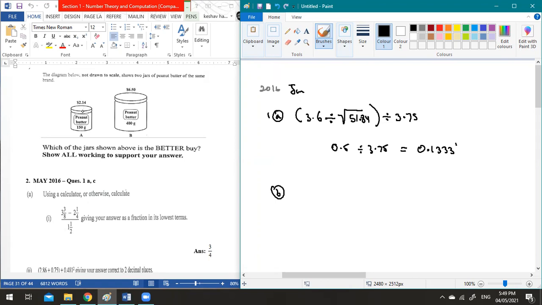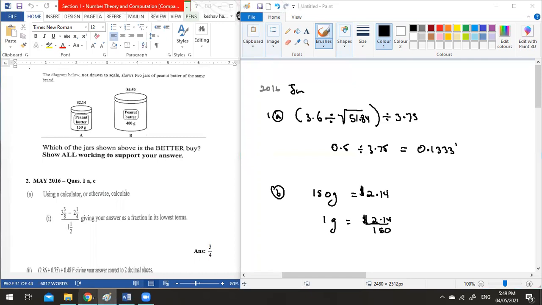So this is $2.14, right? So 150 grams is equal to $2.14. So we'll try to find the cost for 1 gram by dividing by 150. Right, so $2.14 divided by 150.